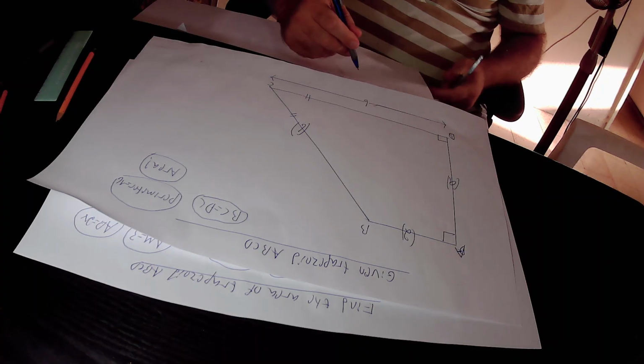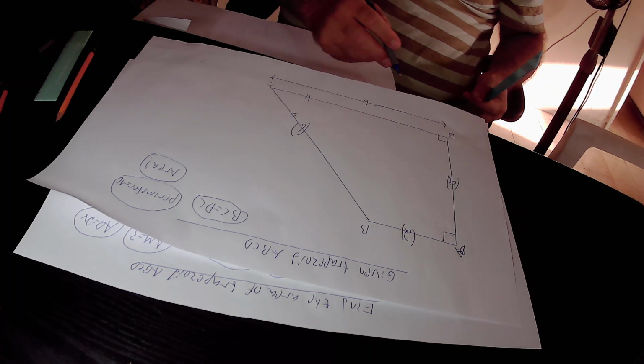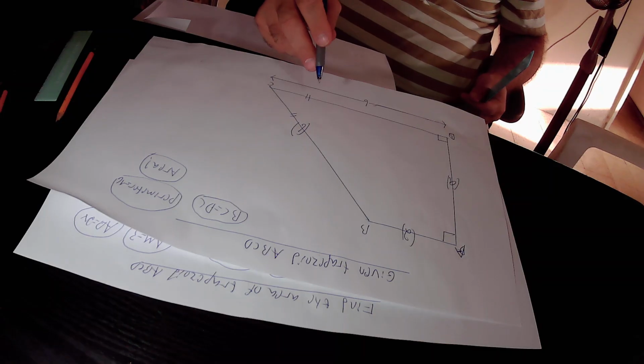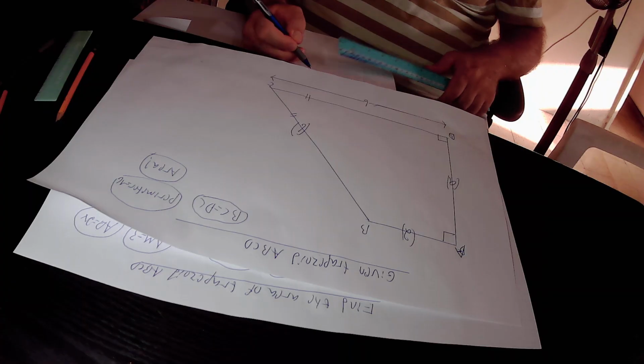AD is A according to our definition, so we substitute AD by A plus DC. DC is B plus BC. BC is also B, and it is equal to 16.